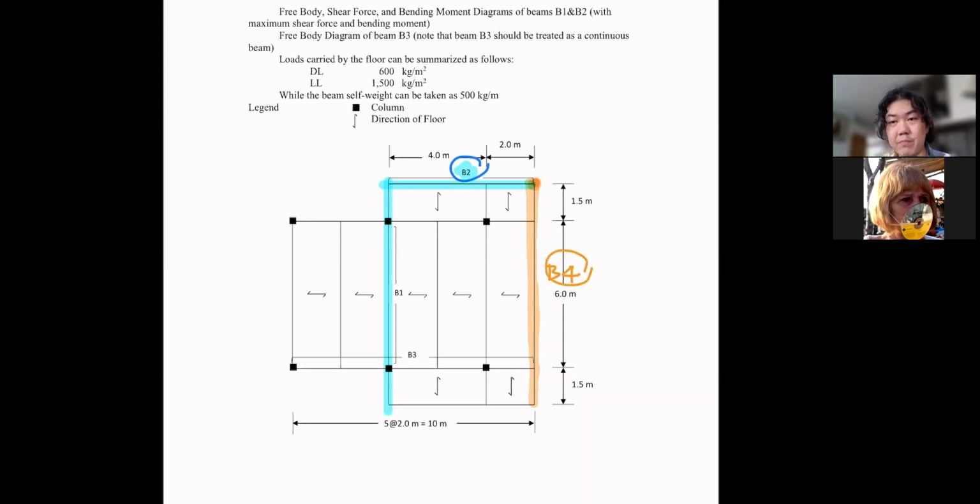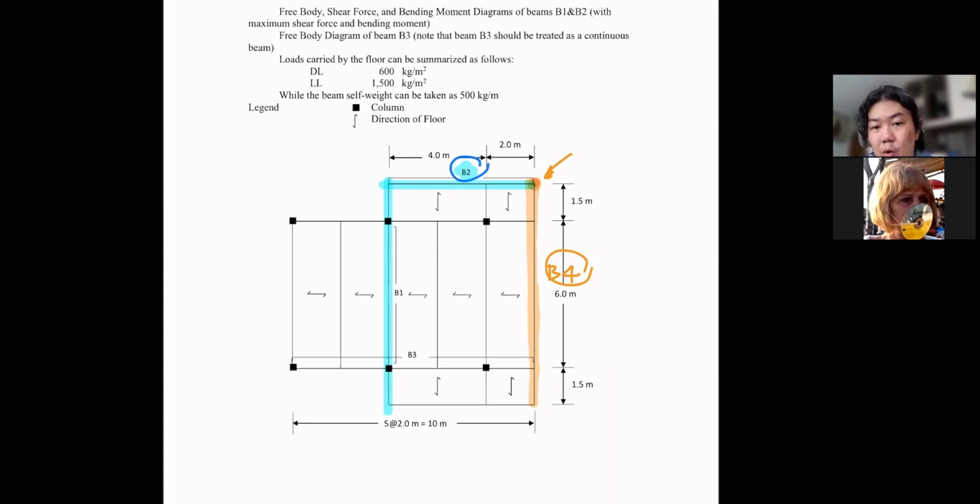So when you look at B2 and B4, if you don't look at the whole picture, you would probably be inclined to think that this should be the point where you can have support. But in fact, who's going to support who? See, this is the corner of the overhanging portion of the structure.